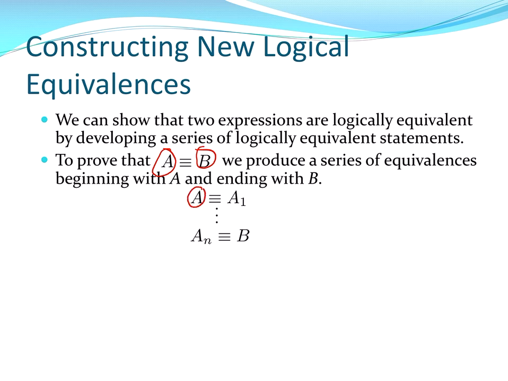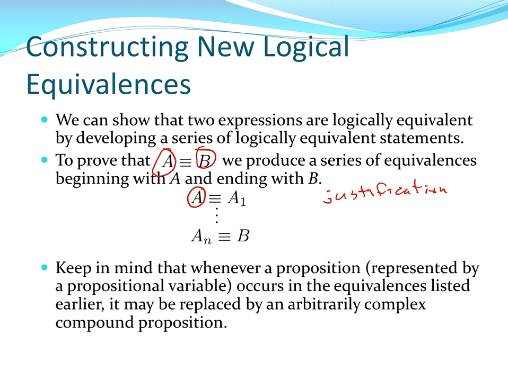We start with A and we replace some of it, using the identities, to get A1, and then we usually have some kind of justification off to the side for each step. And then we replace A1 with A2 using another identity, and then eventually the last replacement gives us B, and so we'll have proven the logical equivalence.